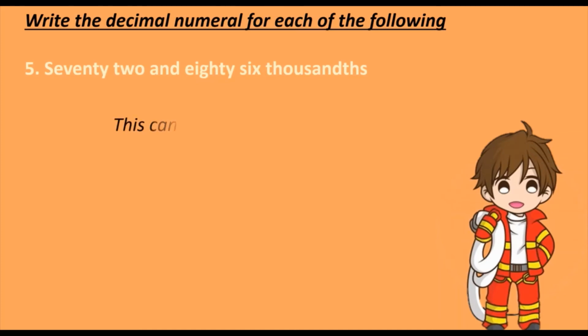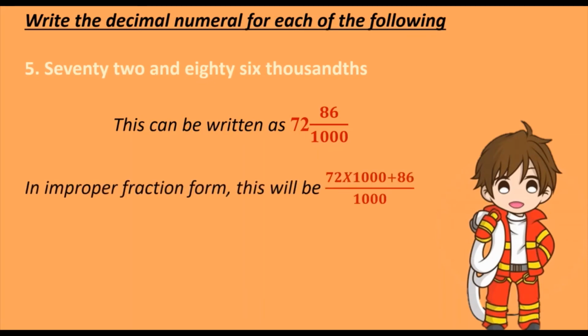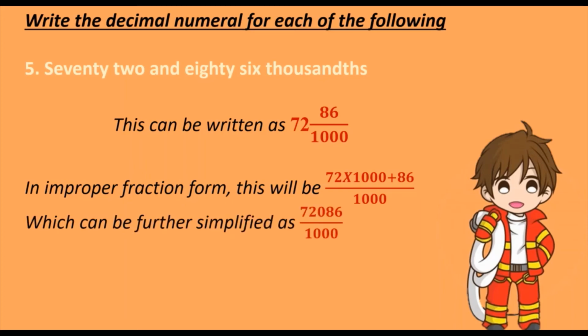72 and 86 thousandths. Here 72 is the whole number and 86 by 1000 is the fractional number. So we first convert the mixed fraction into improper fraction. For that, we multiply 72 by 1000 and then add 86 and write it as 72,086 divided by 1000.